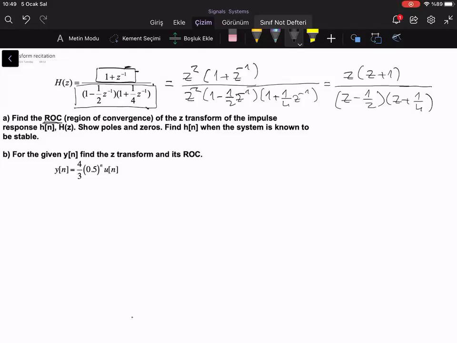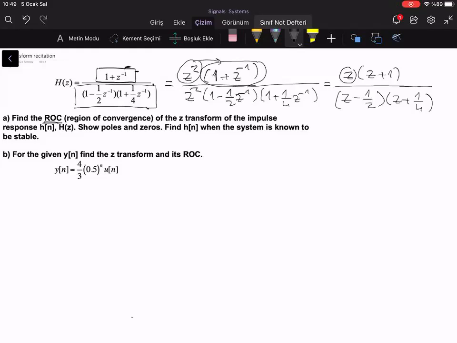I want you to ask at any time, any point that you don't understand, okay? These are not very difficult steps. I have used 1z from here and kept 1z over here. Multiply 1z with this one. So 1 plus z to the power -1 will give me z times z plus 1. Everybody is with me, right?